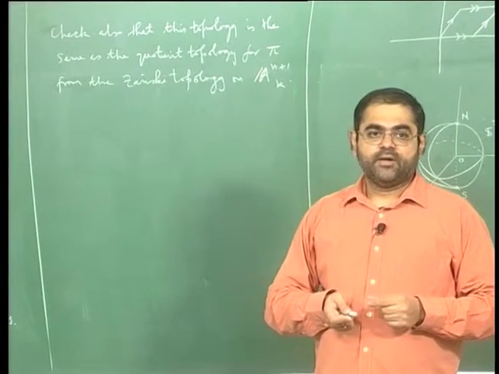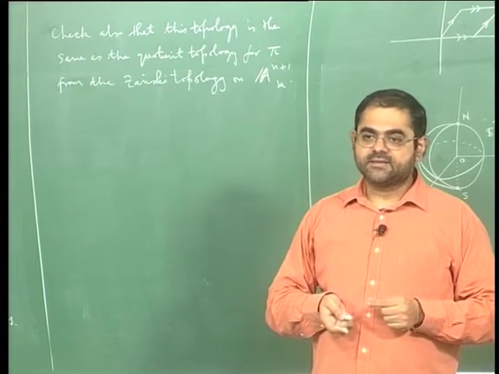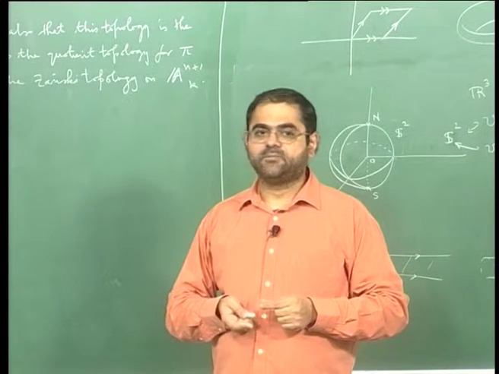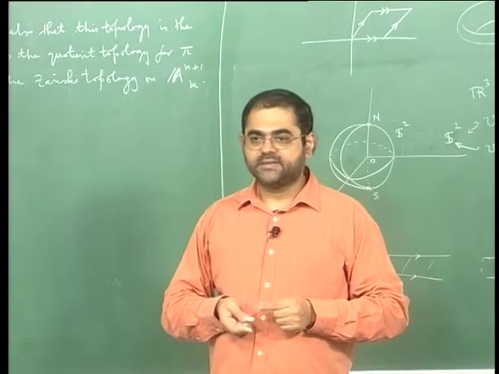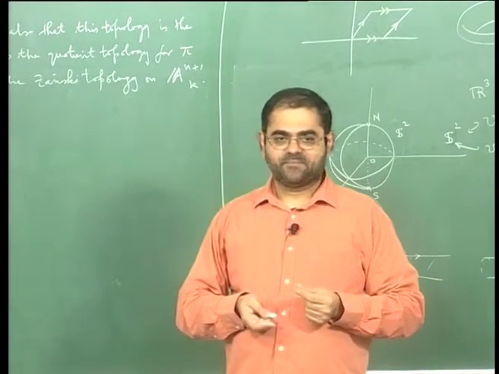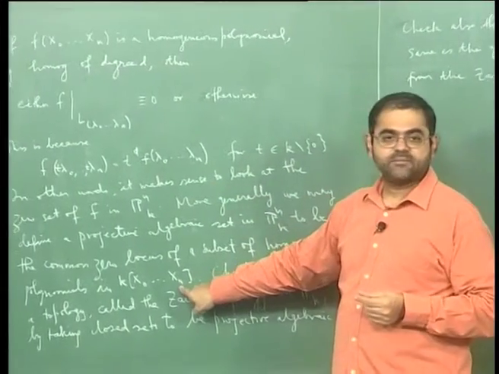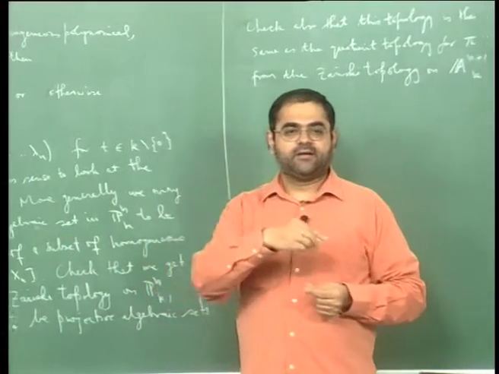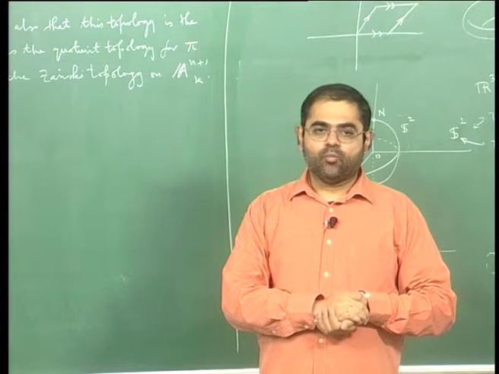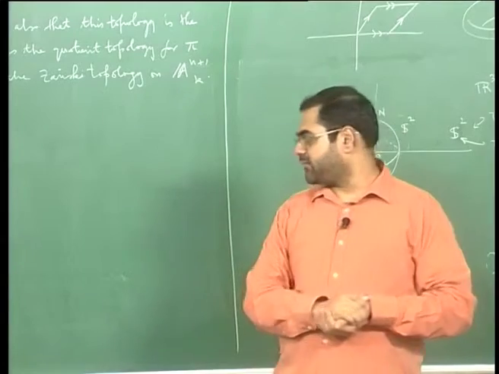Okay. So just as in the affine case you have a bijection between radical ideals and algebraic subsets, in the projective case also you will have a bijection between radical homogeneous ideals of this polynomial ring in n+1 variables and projective algebraic subsets, but you will have to throw out one ideal which is called the irrelevant maximal ideal, and that is the ideal generated by all the variables.